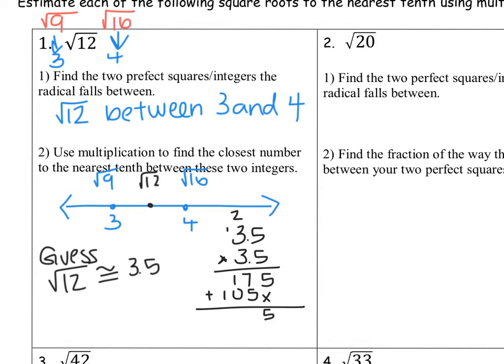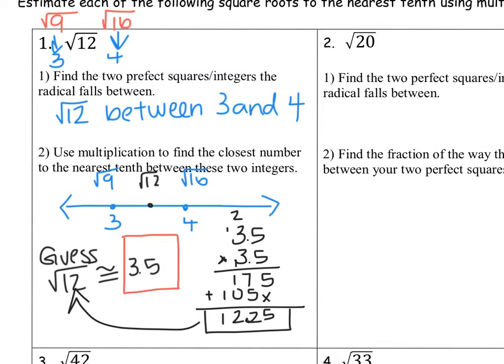So that's 5. 7 and 5 are 12. Carry the 1. 1 and 1 are 2. And we take that 1 down and put our decimal point in. So when we multiplied 3.5 times 3.5, we got 12.25, which is really close to this number here. So we're going to estimate that the square root of 12 is somewhere around 3.5. So really we're just using the guess and check method.